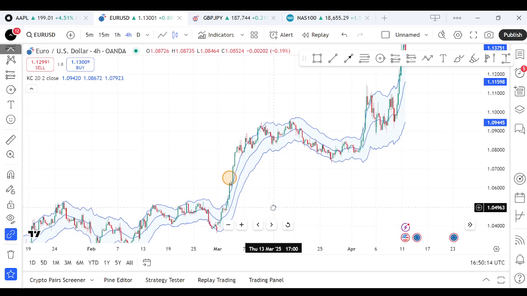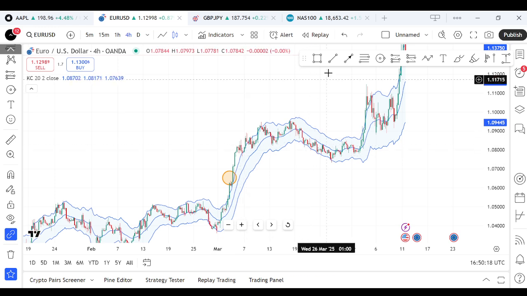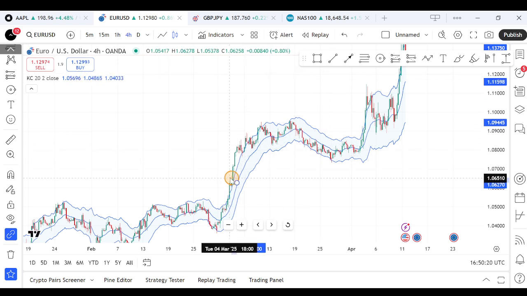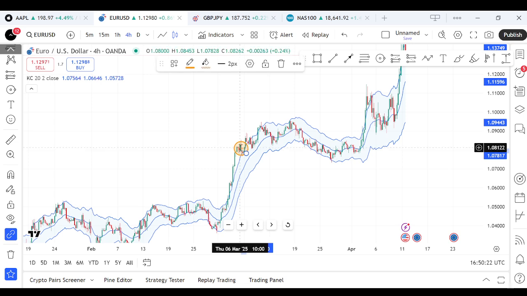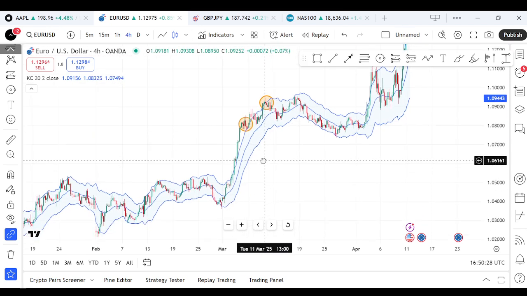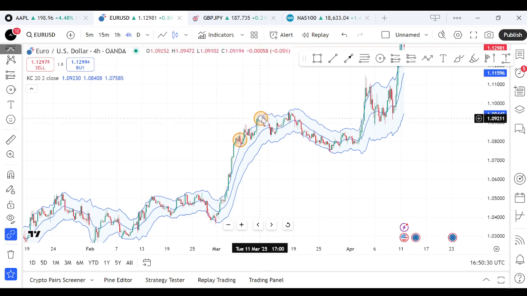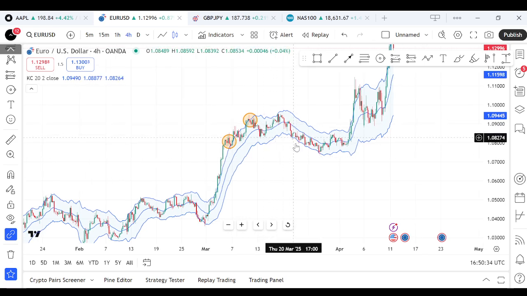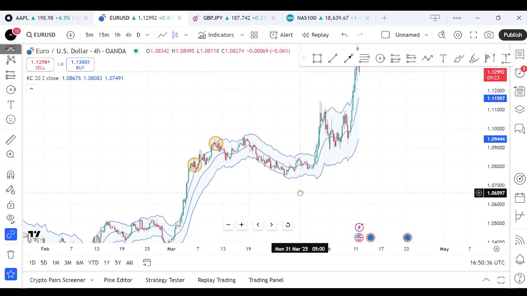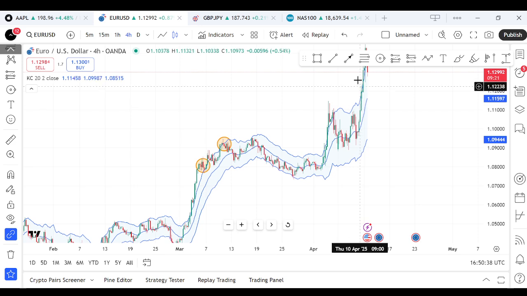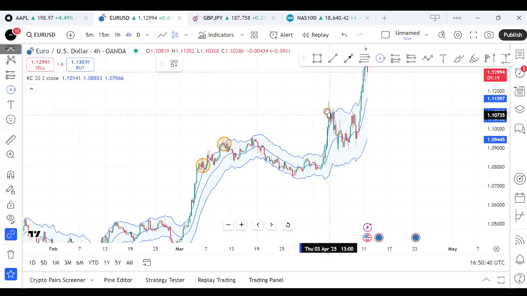If it breaks below it, it signals oversold. Breaks above it, overbought. We have this happening right here. The Keltner channel was telling us that this market has been overbought and we should be considering selling, or preparing for a correction or a pullback in the near future. And you also have that happening right here, signaling overbought conditions.